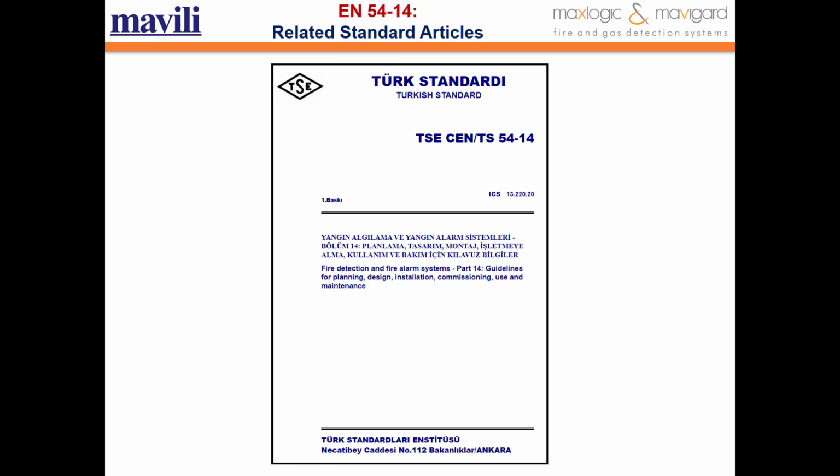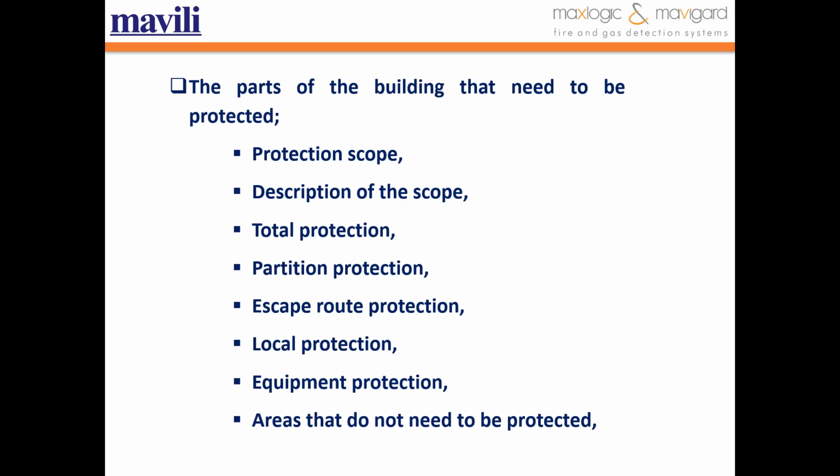We will talk about EN 54 standards and the parts of the building that need to be protected: protection scope, description of the scope, total protection, partition protection, escape route protection, local protection, equipment protection, areas that do not need to be protected.